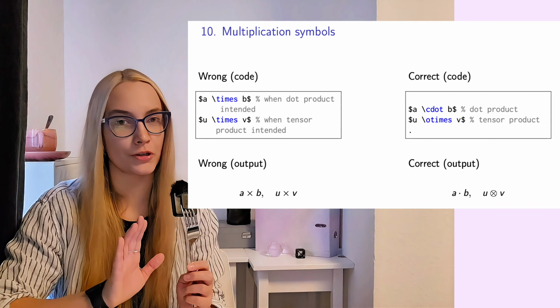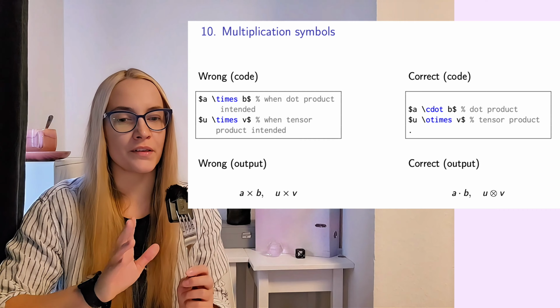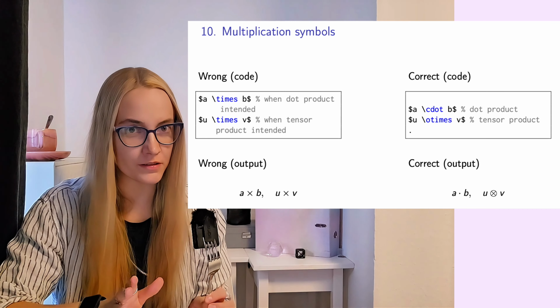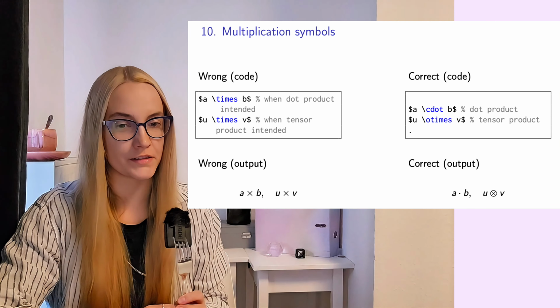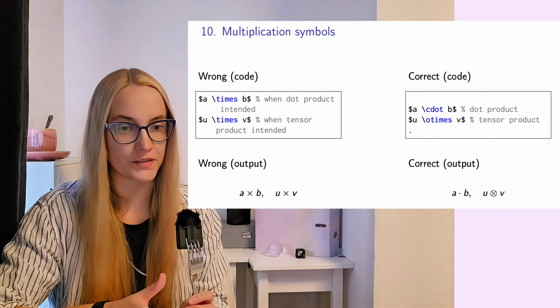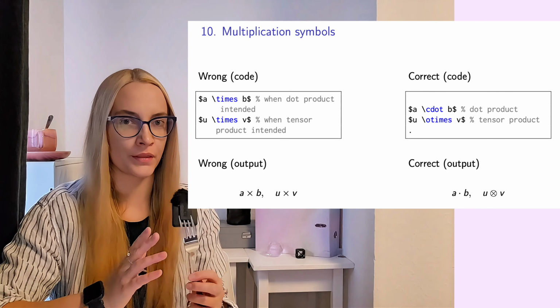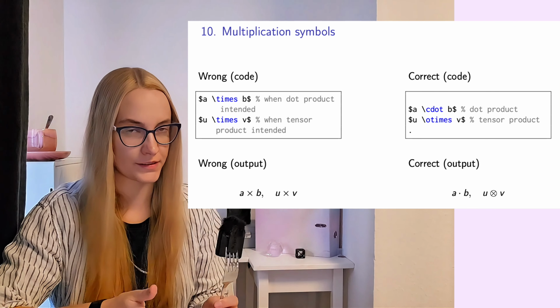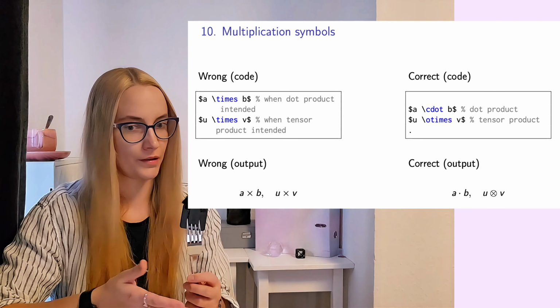It is mostly not made by authors, but by publishers, sometimes even at the stage after the proofs. Can you imagine this? And this is multiplication signs. There are different multiplication symbols, the dot, the cross, the tensor product symbol, and they all mean, of course, very different things. They completely change everything you want to write in your formula.